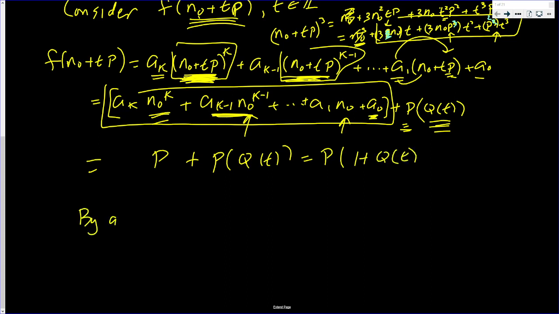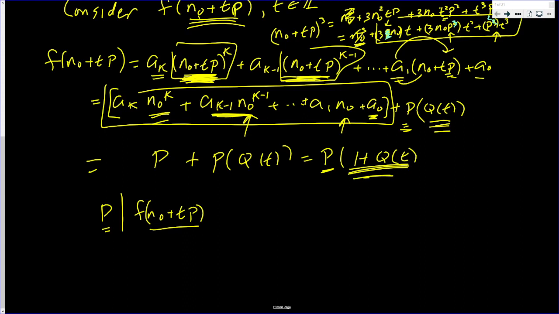Now, by assumption, f of n0 plus tp must be a prime. Well, let me back up a little bit. We know that p divides f of n0 plus tp, because this is a multiple of p.